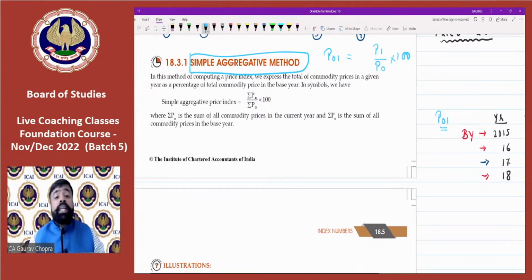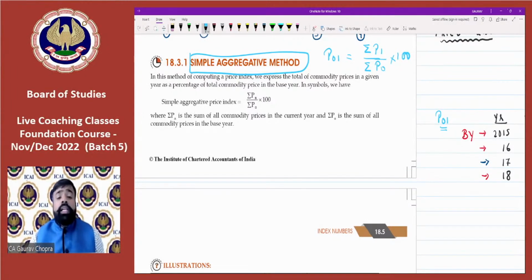Since this method is known as the simple aggregative method, we have to find the aggregate. Aggregate means total, so we will apply sigma. So sigma P1 upon sigma P0 multiplied by 100. This becomes the formula for the simple aggregative method.